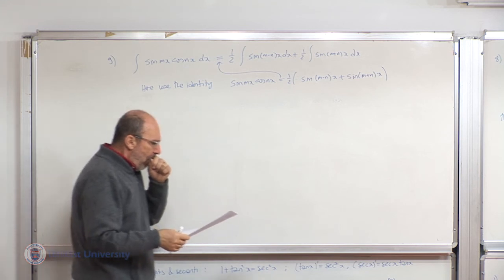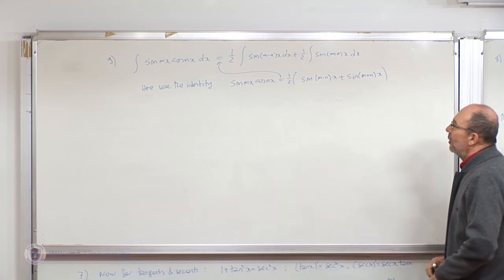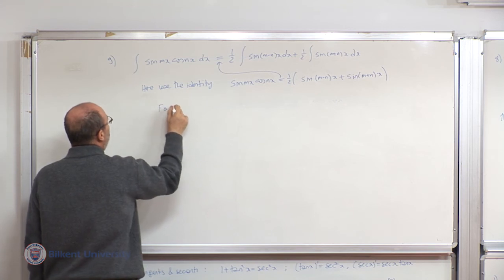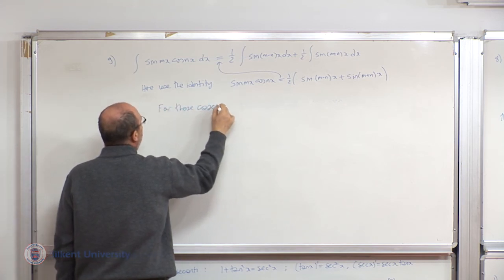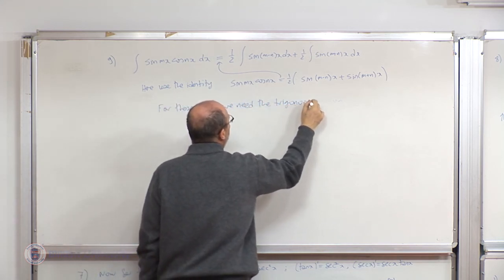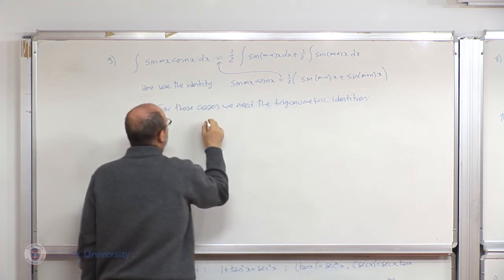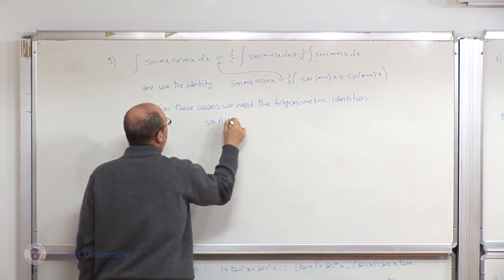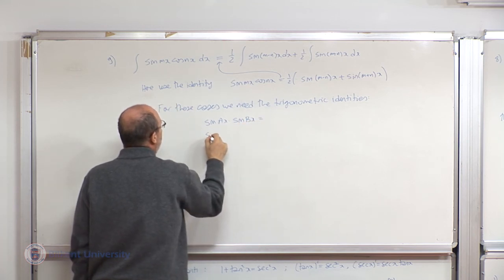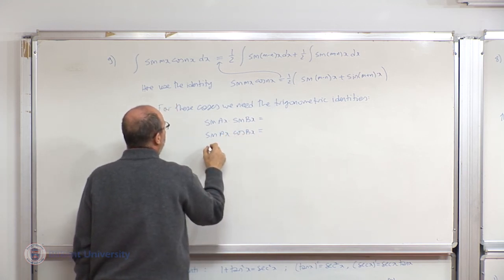So this gives the answer. Okay, so similarly you use the others. Do you remember the formula? So for these cases we need the trigonometric identities: sine ax times sine bx is equal to, and then sine ax cosine bx is equal to, and what else?